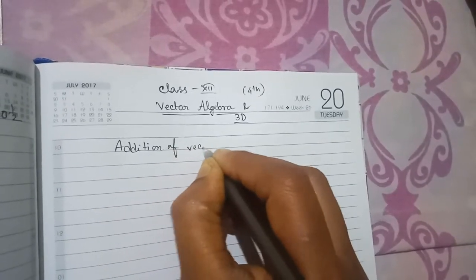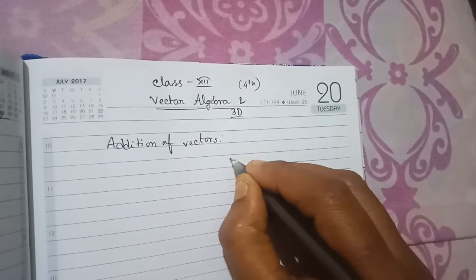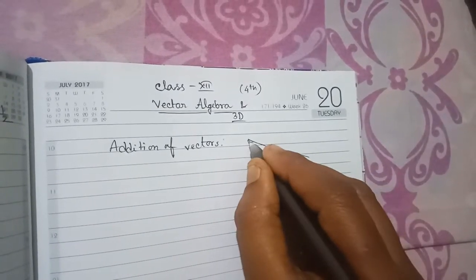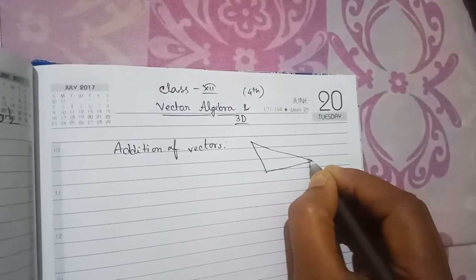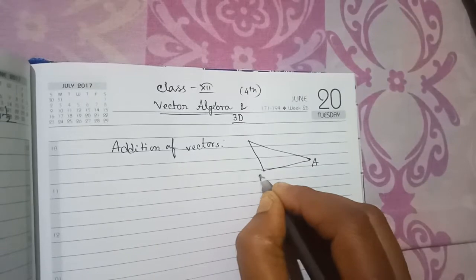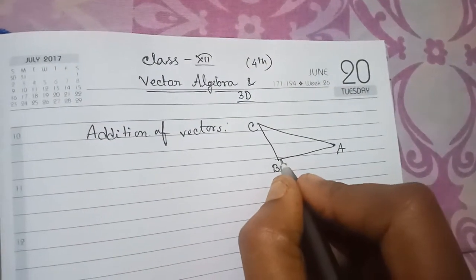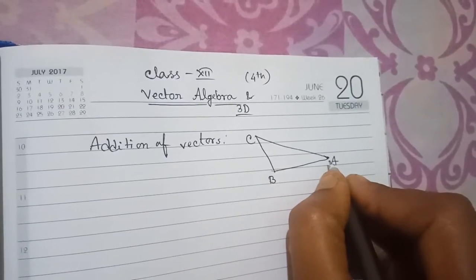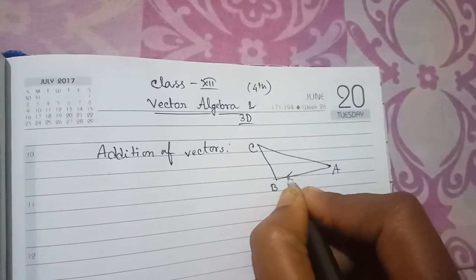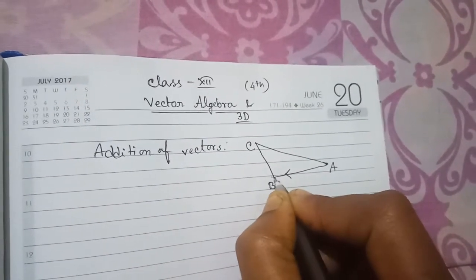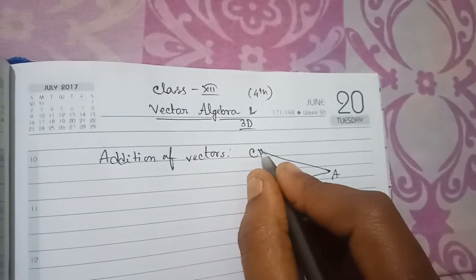Addition of vectors. For this I'm just drawing a very rough sketch of a triangle like this. This is, suppose, A, this is B and this is C. Suppose an object moves from the point A to B in this way, then moves from B to C in this path.